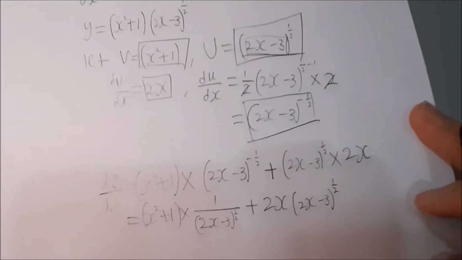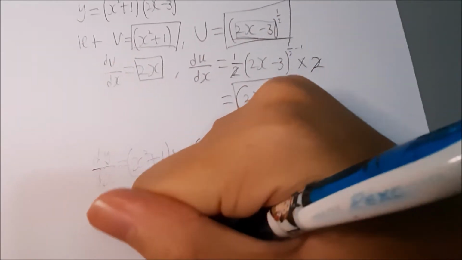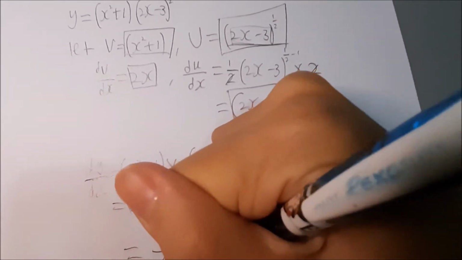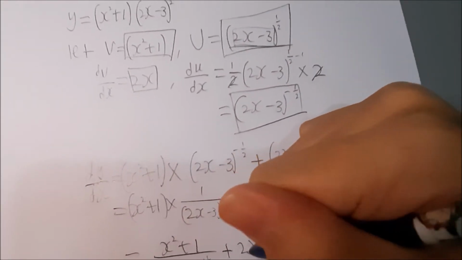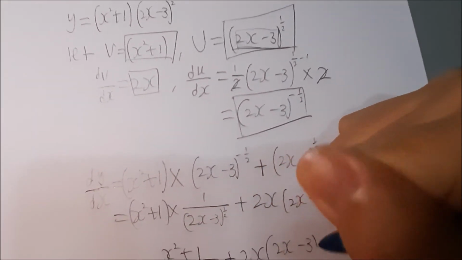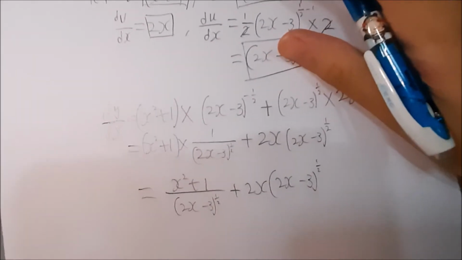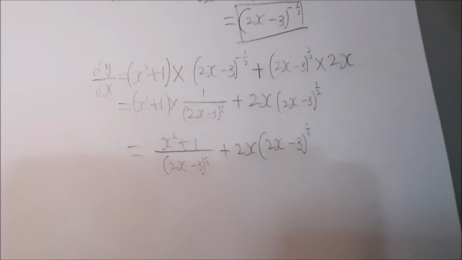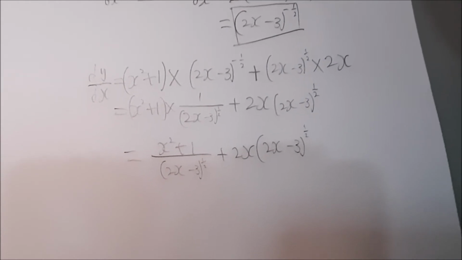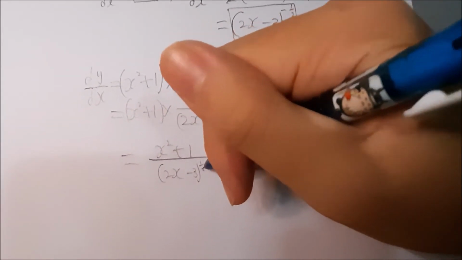And now from here, you can just simplify this so that it becomes 2x minus 3 to the power of half, x squared plus 1 plus 2x minus 3 to the power of half. And from here, things may look complicated because there is something to the power of half.